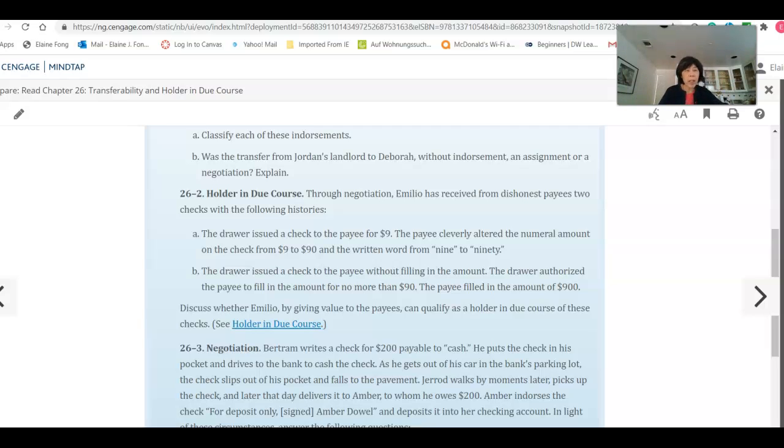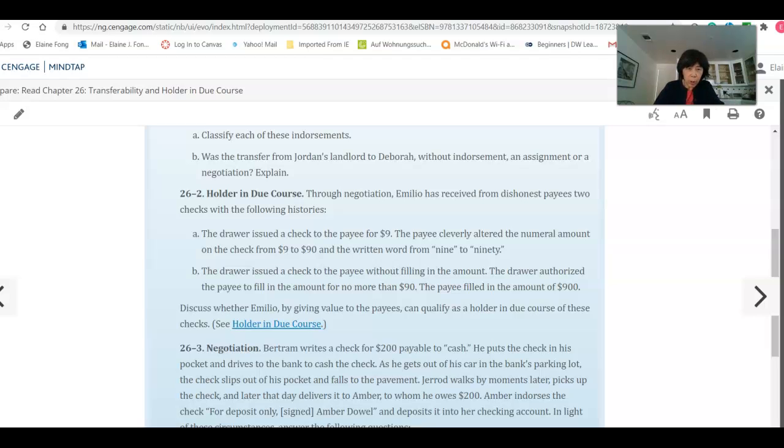All right, so let's take a look at problem 26.2 here. I don't want to read the whole thing to you, but in this problem, you have two checks that have been written, and Emilio is the transferee. He has received these two checks from, and the book tells you, dishonest payees.